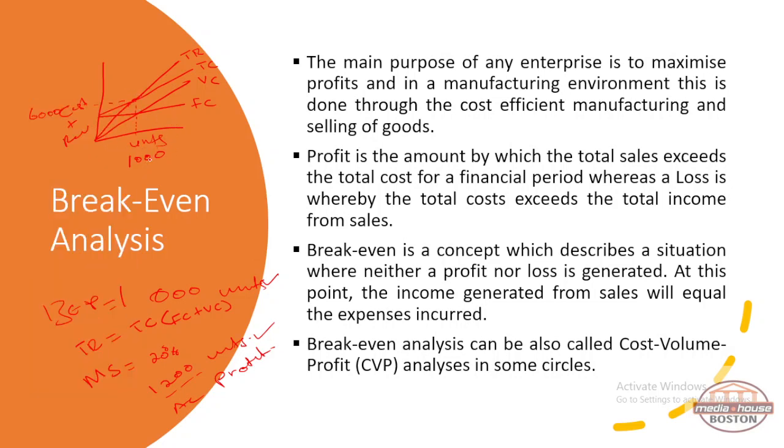But the moment we start selling more than 1000, we are now operating at a margin of safety until we pass 1200. So at 1200, we find that it's 8000 in terms of profit or revenue, and in terms of cost it will be somewhere around 7000.